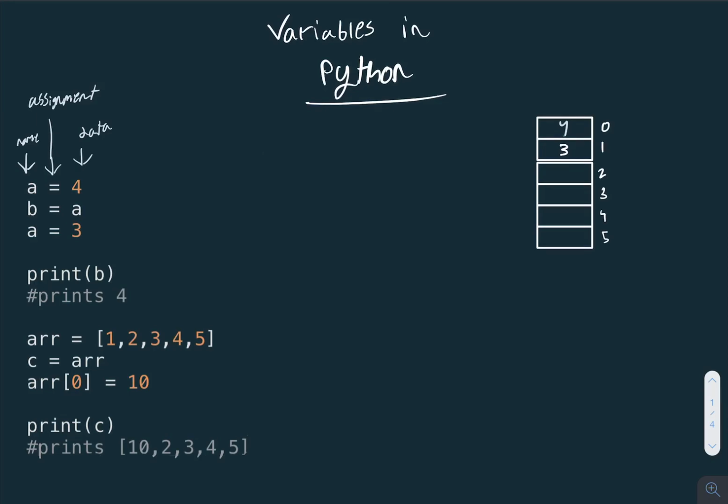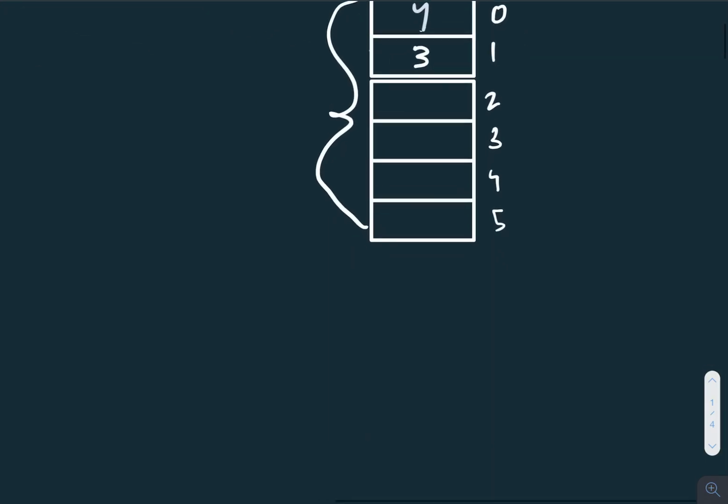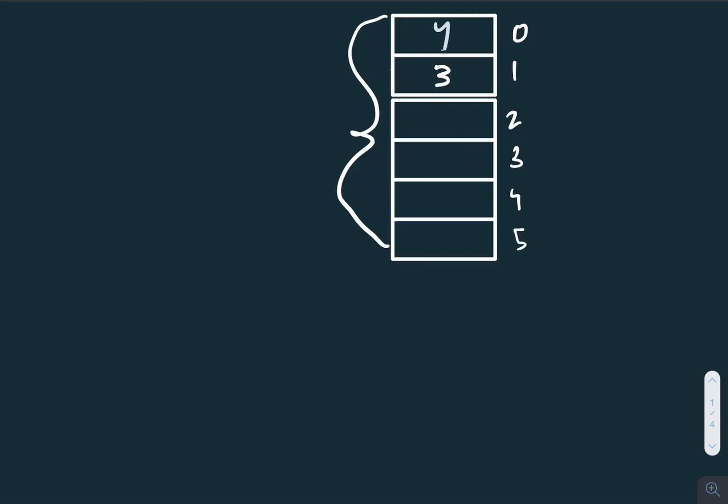And the memory of the computer can be broken up into addresses or locations, essentially. So this right here might be a small piece of memory. So we have the address 0, 1, 2, 3, 4, and 5. So 6 addresses in total.